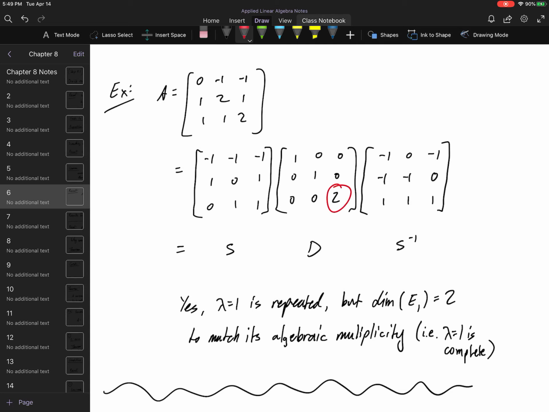So lambda equals 1 is a complete eigenvalue. And since the algebraic multiplicity of lambda equals 2 is 1, then we're guaranteed that this guy is complete. Therefore, the entire matrix is complete, and we actually construct a diagonalization of this guy.